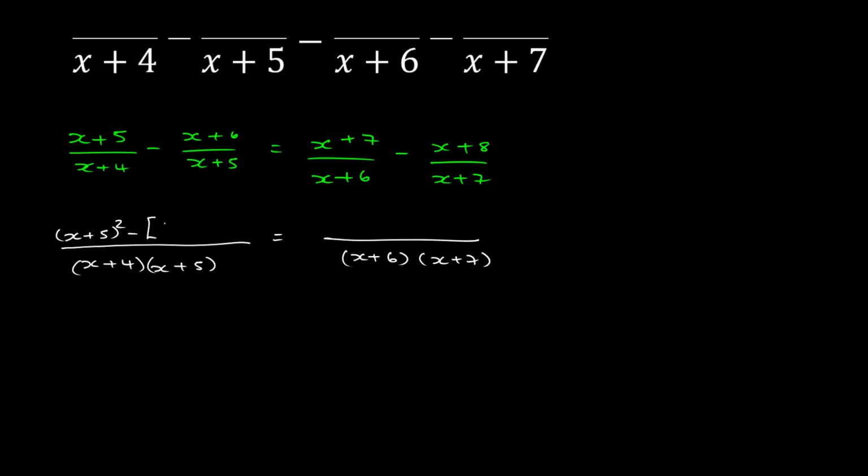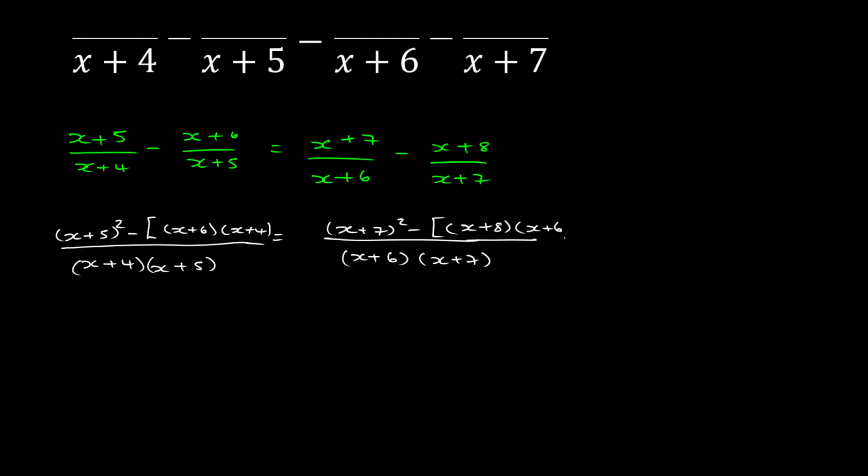So x plus 6, x plus 4. And on the right hand side, x plus 6 would cancel. We would have x plus 7 all squared minus, and let's use our square brackets again, and this would leave x plus 8 times x plus 6.